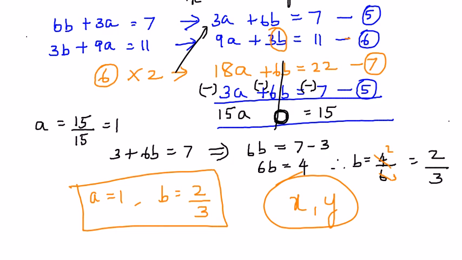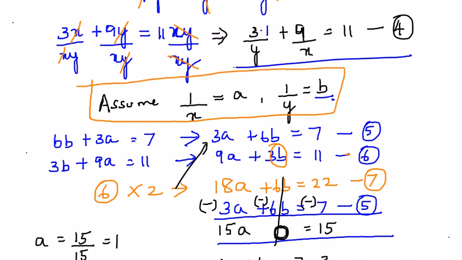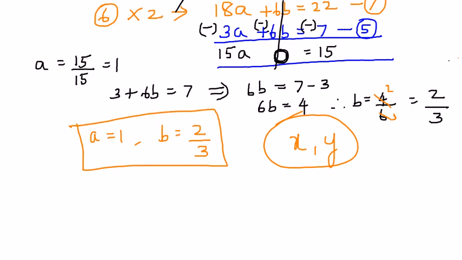So a and b is only what you have assumed. You assumed 1 by x is equal to a. Remember? So you assumed 1 by x is equal to a. But you know that a is equal to 1. அப்ப x என்னவா இருக்கும்? X is also going to be 1.